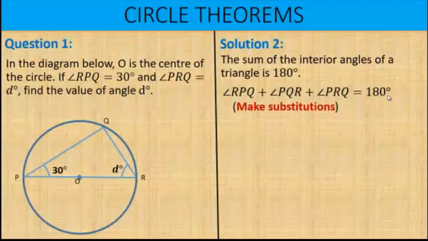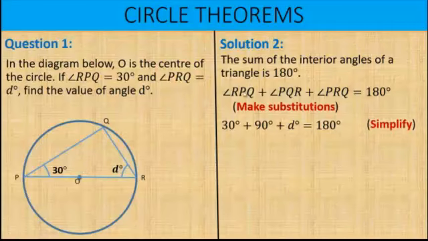So we substitute values. Angle RPQ is equal to 30 degrees, so that is being substituted.